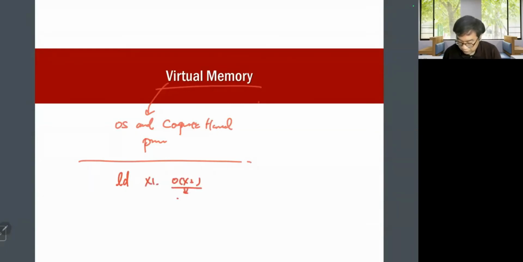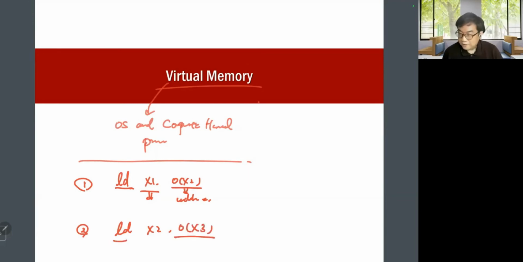This is the address, and with this address we can access the data in the main memory with the load instruction. This is the load instruction of application 1. Then another load instruction, from application 2, can also access the main memory.